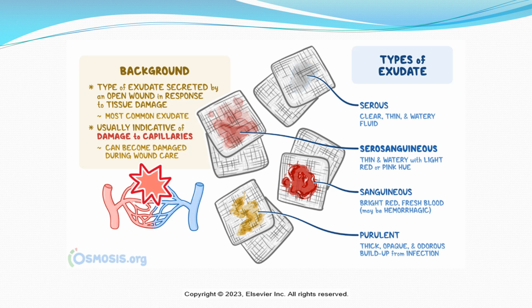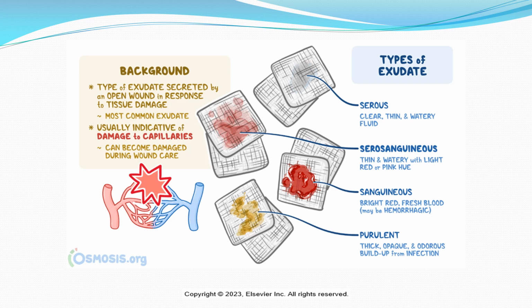So let's just take a look here really quickly. Let's look at the very far right side, types of exudates. The first one that you see there is serous, which is clear, thin, watery, typically just plasma. That's normal. That's what we want to see. That means that everything is healing properly. That's kind of like what we're hoping to see whenever we are performing bandage changes, when we're assessing any type of incision or open wound.